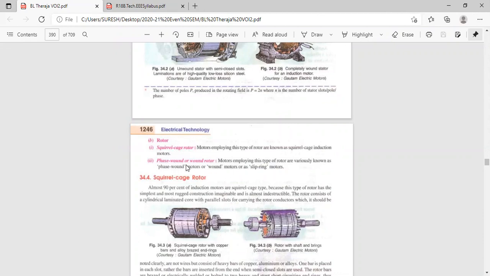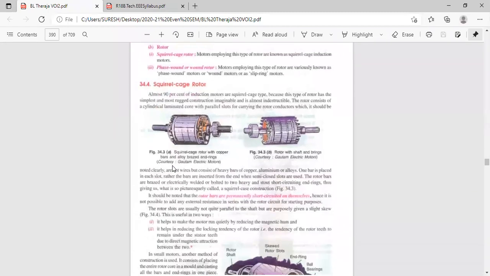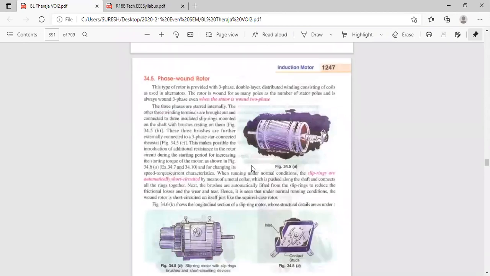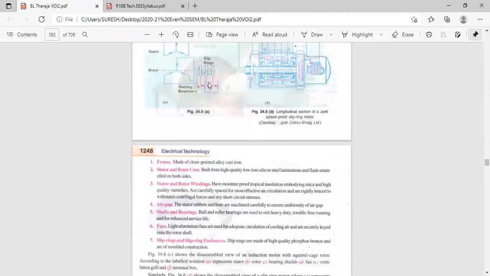Slip ring is also called phase wound or wound rotor. What is the difference between squirrel cage rotor and slip ring rotor? In squirrel cage, rotor bars are permanently short circuited. We can't add external resistance. But in slip ring, we can add the external resistance.